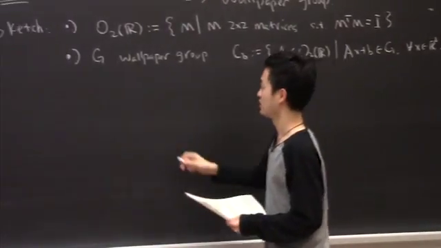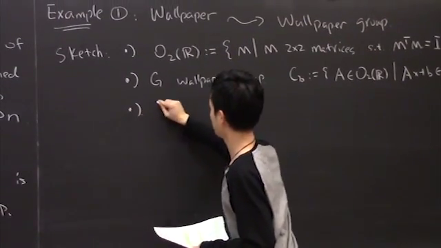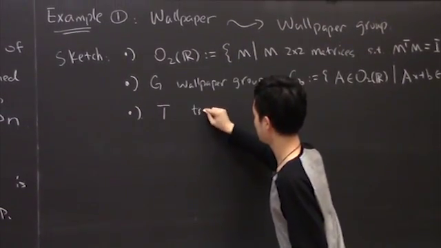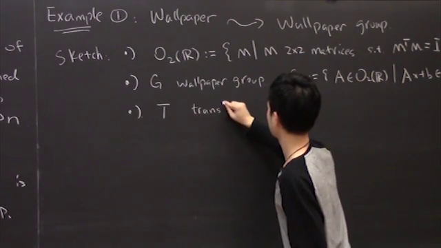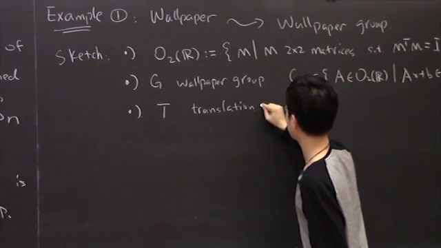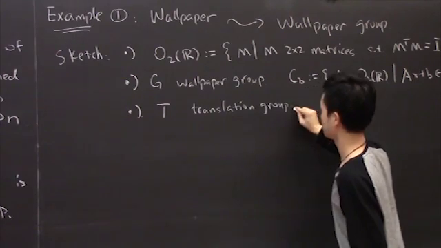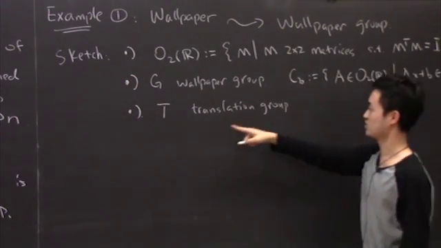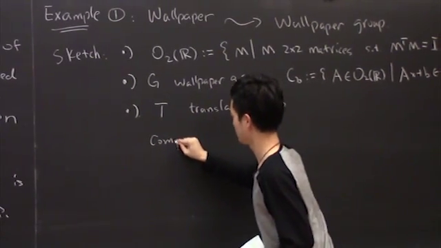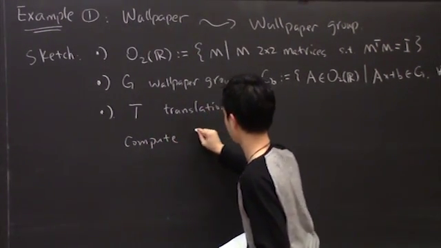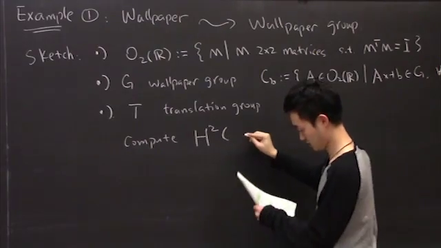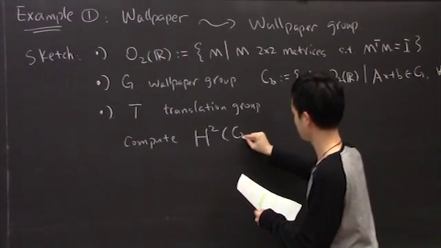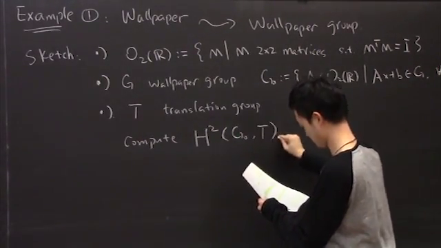Next, if we let T be the translation group, now together with G naught and G, we can compute H2(G naught, T).